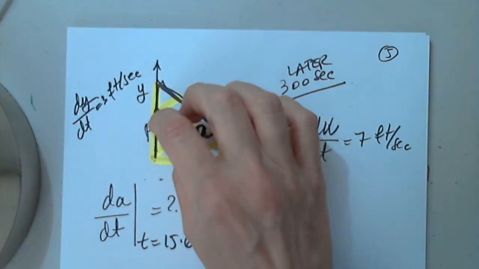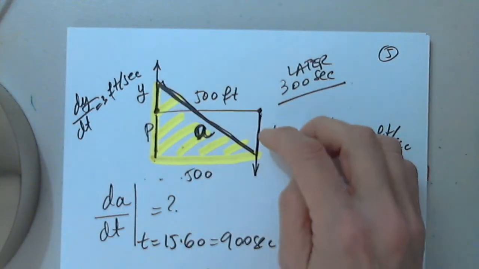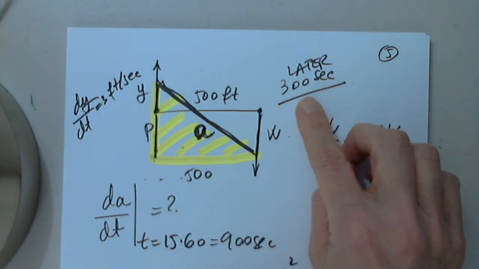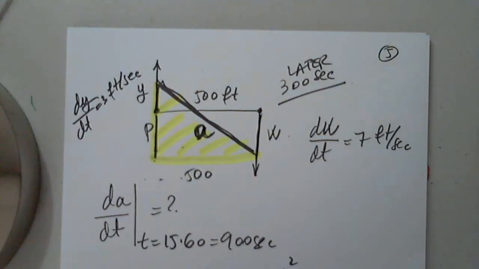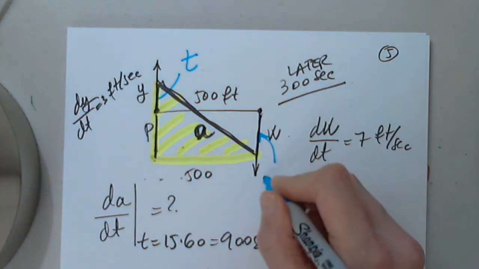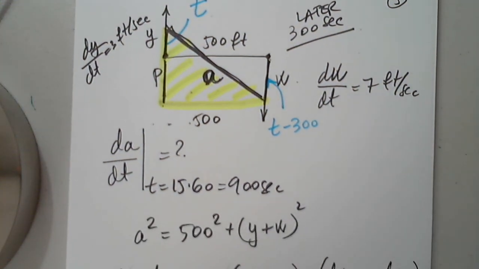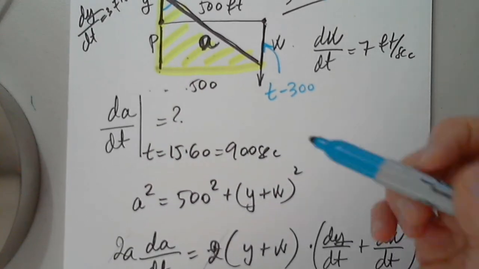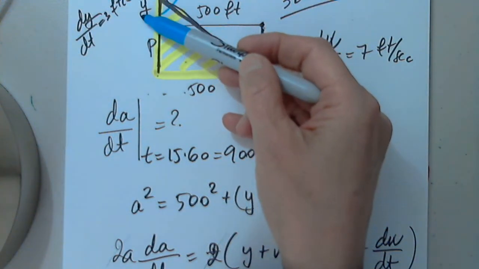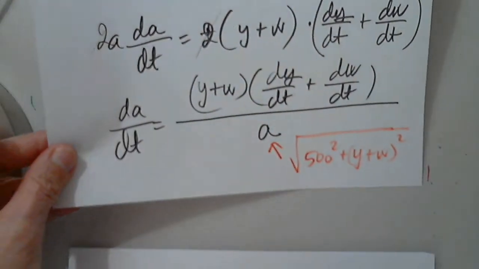So we either say the time is t for him and for her is t minus 300, because she started 300 seconds later. So for him, I use time t, but for her, I have to use t minus 300, because she used less time by 300, in order to determine, of course, w, and of course, y. So that's the only thing that we need to pay attention to.